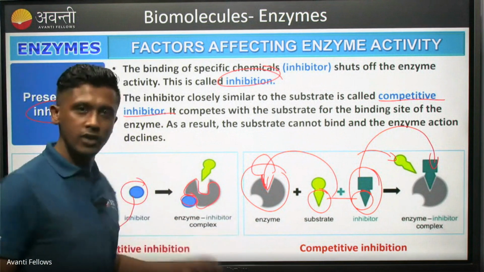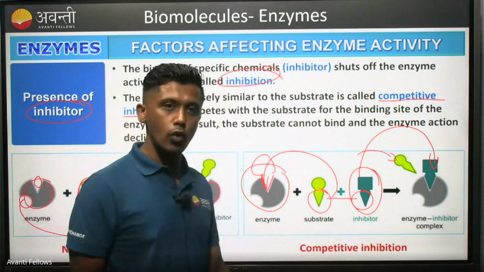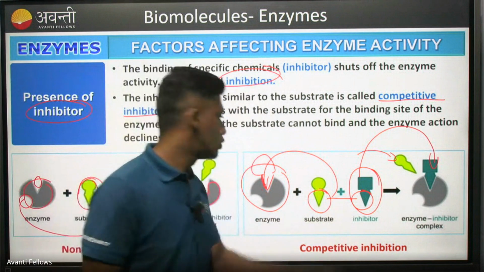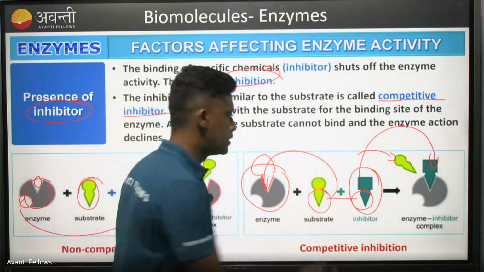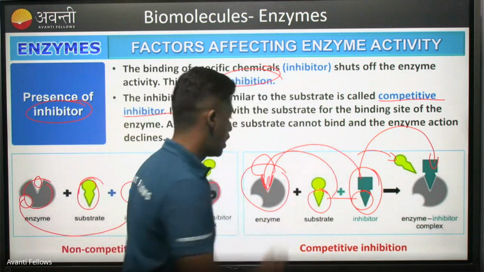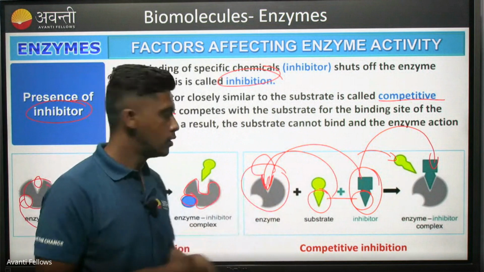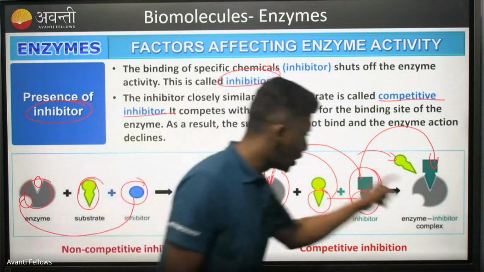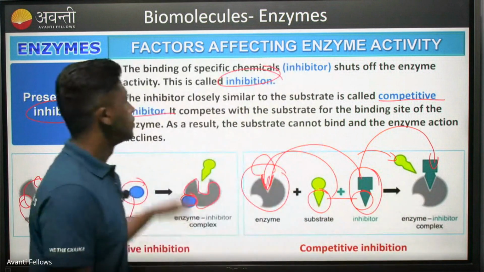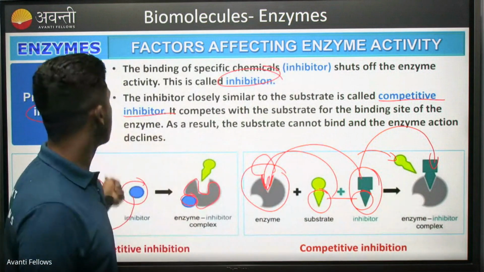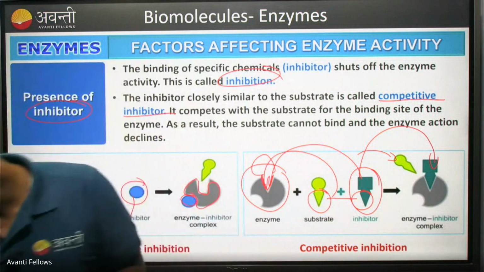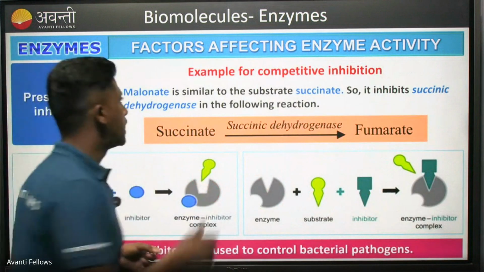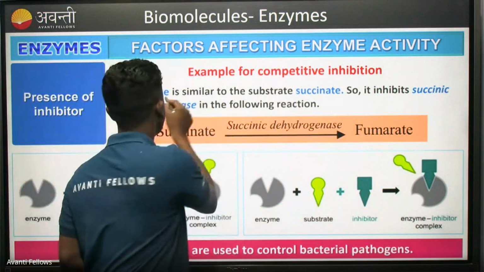In competitive inhibition, the inhibitor has a very similar shape to the substrate. It competes for the same active site, so it comes and occupies it before the substrate, thereby stopping the enzymatic activity. So this is about the inhibitor affecting enzymatic activity. A very good example of competitive inhibition, as I was saying, is malonate.